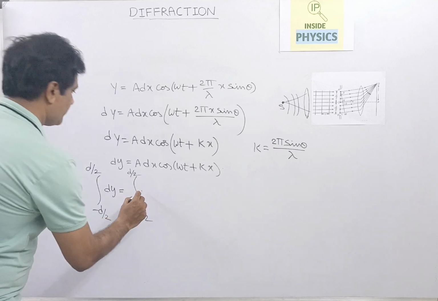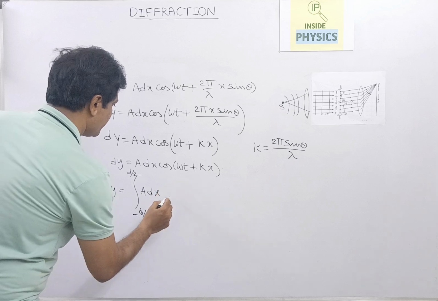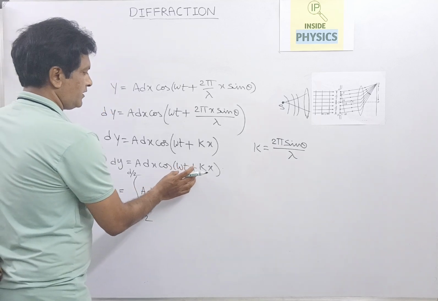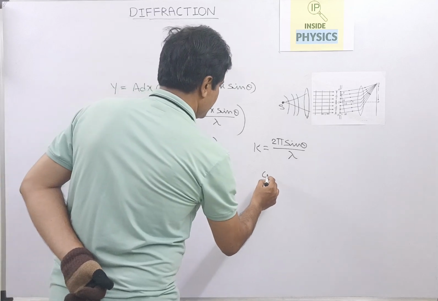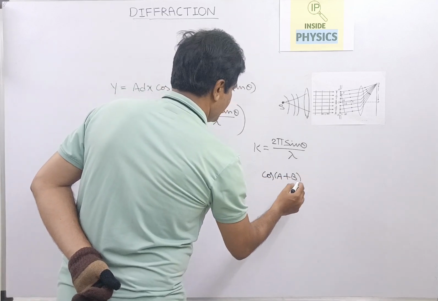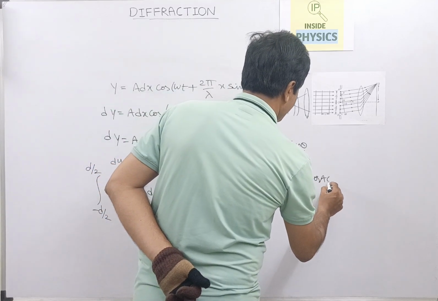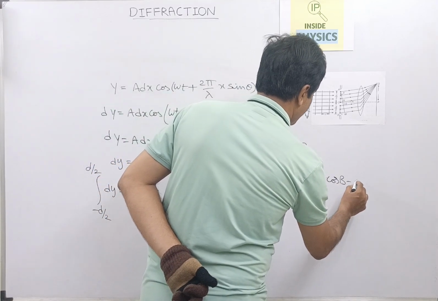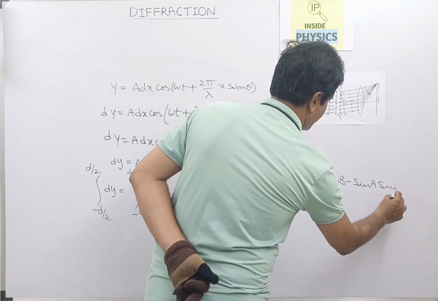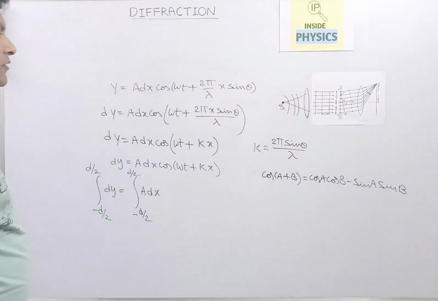Here A dx cos omega t plus kx. This is in the form of cos(a plus b). We can write cos(a plus b) as cos a cos b minus sin a sin b. This we know from the properties of trigonometry.